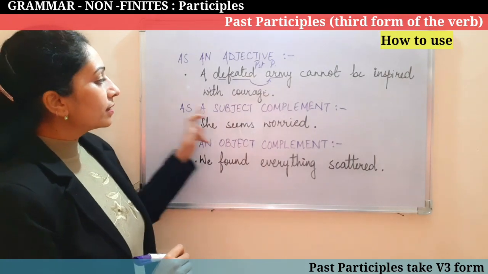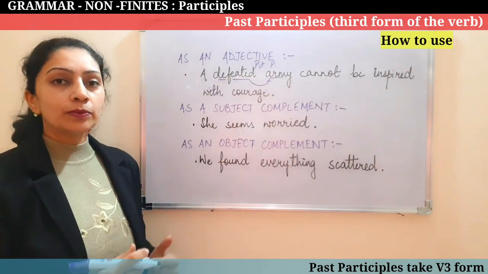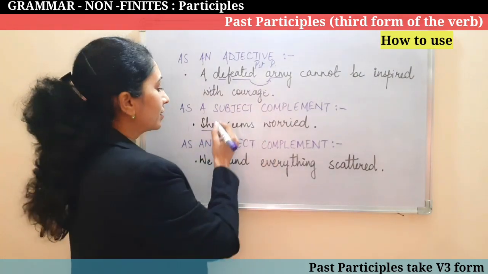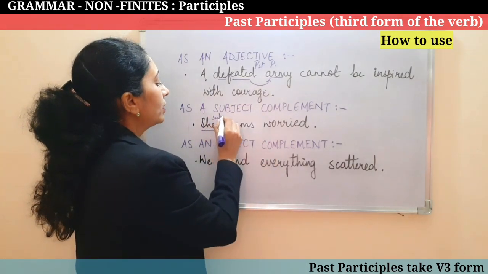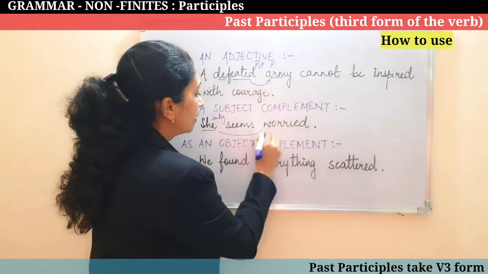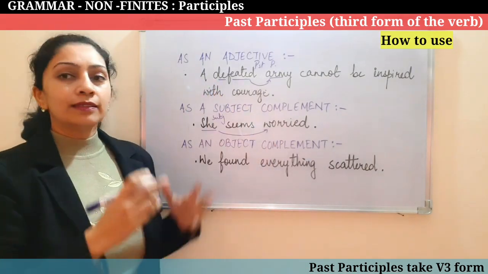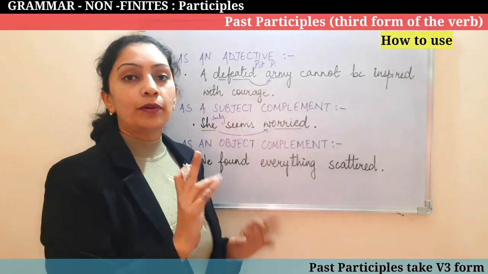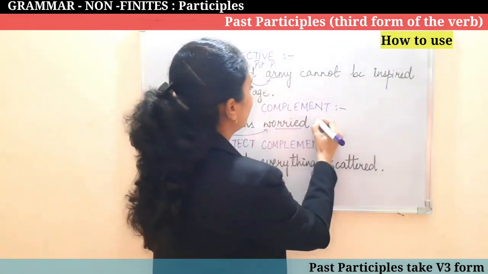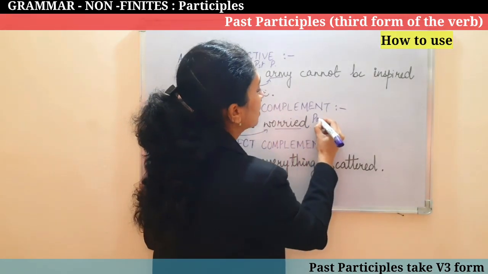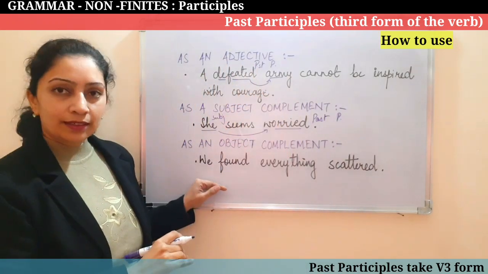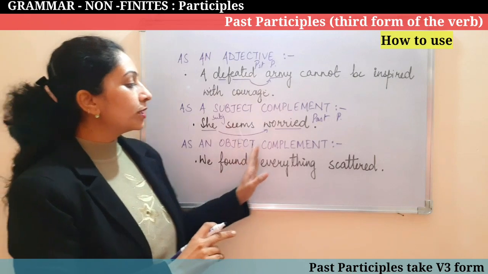Come here. As a subject complement, how does it work? As a subject complement means she is the subject here, and it is expressing a complement here, which is in the third form of itself. So here it's going to be a past participle form. Come to the third kind of usage, as an object complement.